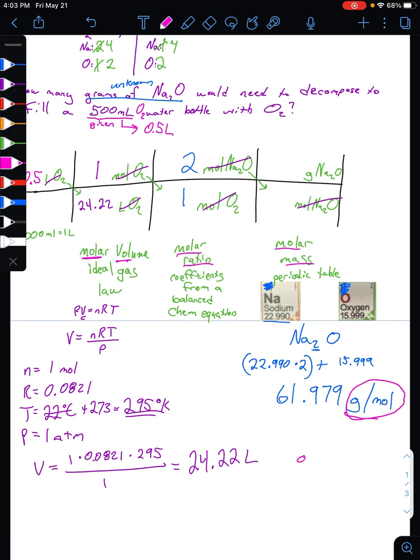What that really means is grams, that's not grass, grams per 1 mole. That's important because 1 mole needs to go right there. The number of grams part of this needs to go here.